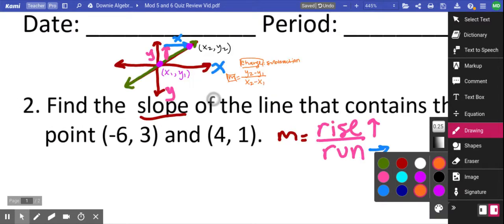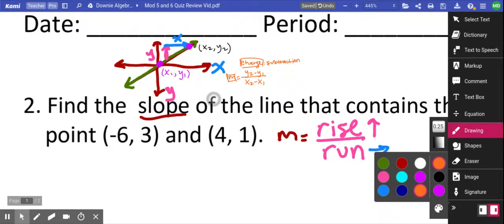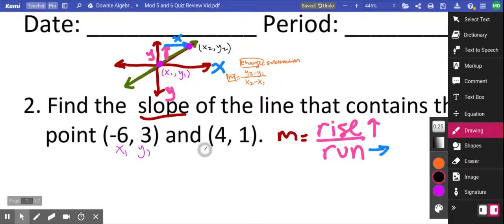I have 2 points that are labeled: my x1, my y1, my x2, and y2. So I'm going to label my points over here. I have an x1 and a y1. I also have an x2 and a y2.